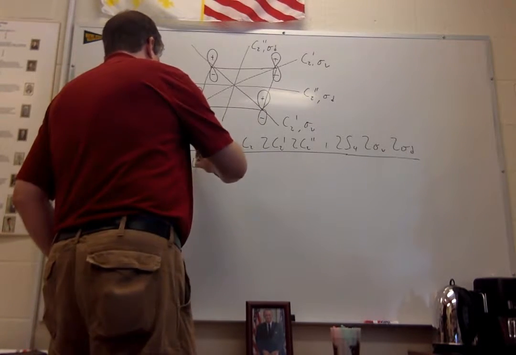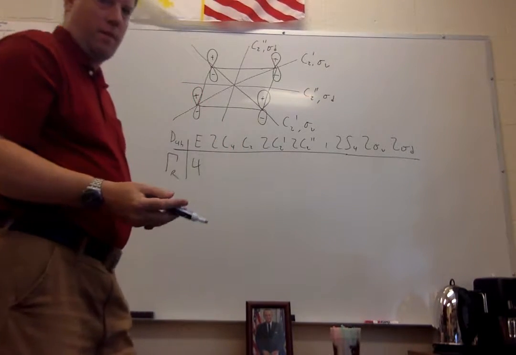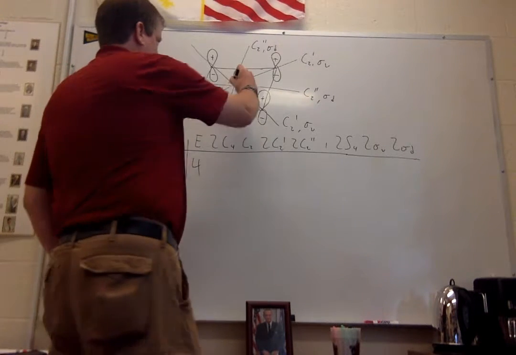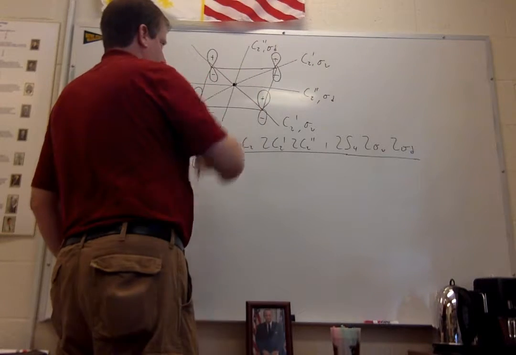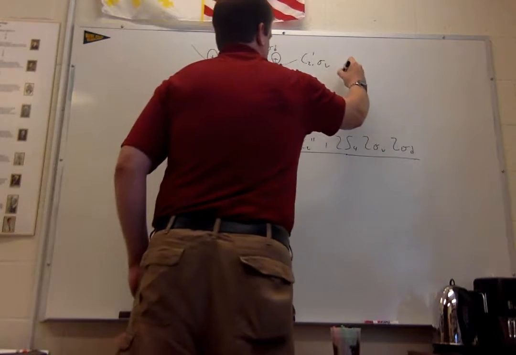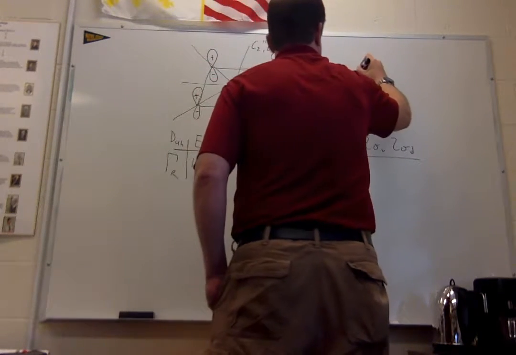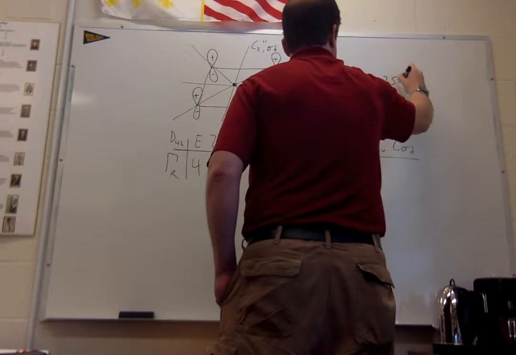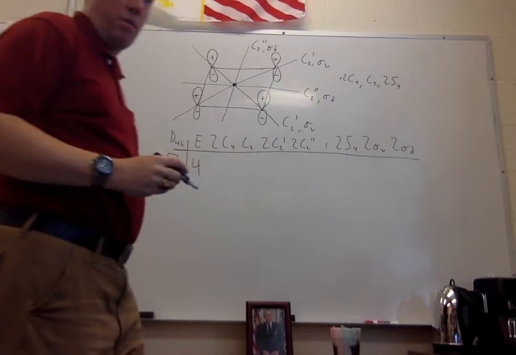Okay. We do nothing to the molecule, all 4 p orbitals remain in place. If we rotate about C4, which is right there, so that is the 2 C4s, collinear C2, and the 2 S4s.